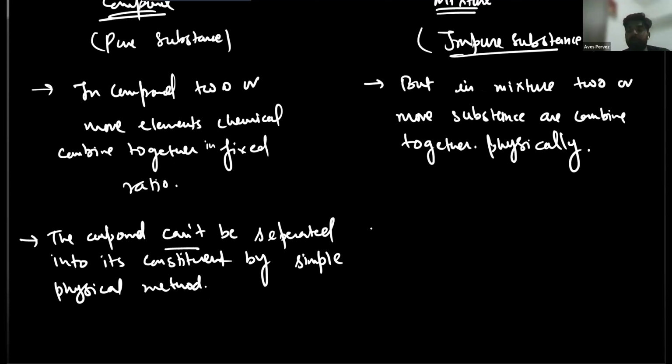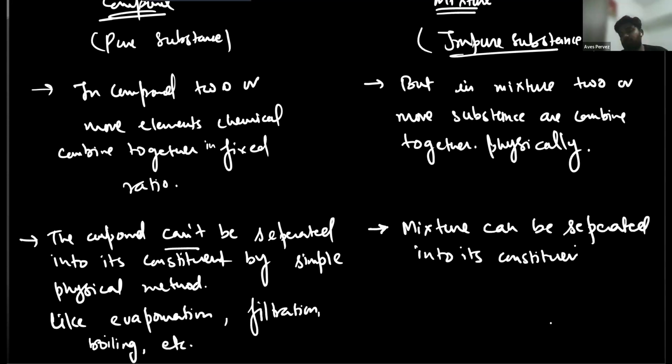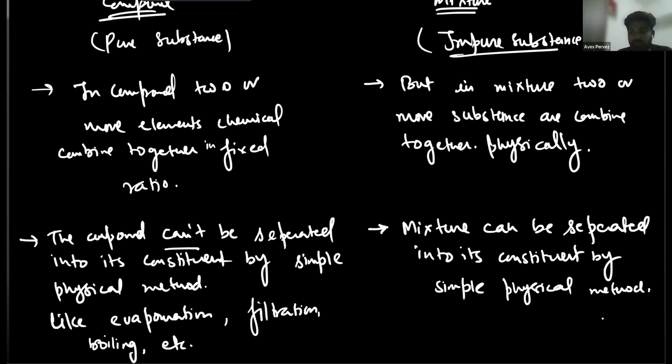But impure substances, that is, mixtures, can be separated into their constituents by simple physical methods, like filtration, evaporation, etc. Got it?